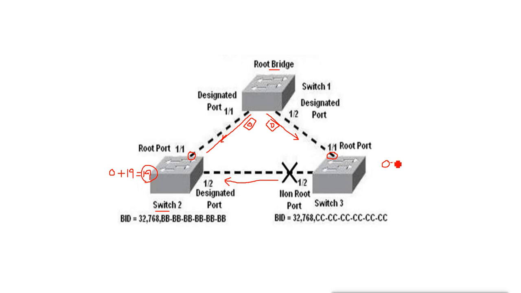If it is 100 Mbps, then again it will add 19, so for this switch it will cost 19 to reach the root bridge. Now when it sends this BPDU to switch 2, it will send 19.